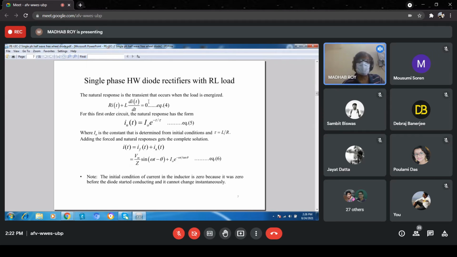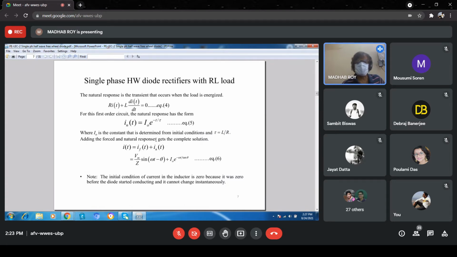If we withdraw the forcing function, setting it to 0, the solution will be like this, because when the diode is open circuit, the voltage across the load will be 0. For this, the natural solution is I naught e to the power minus t by tau, where tau, L by R, is called the time constant.